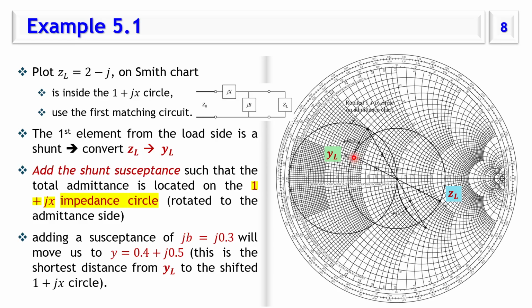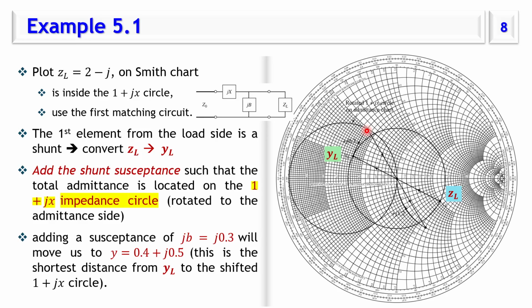It was 0.2, and this value is 0.5. So we moved 0.3, in the positive direction. So it's plus 0.3j. So this element is 0.3j, so B equals 0.3. Now Y would be 0.4, the same real part, plus j0.5 at this point.